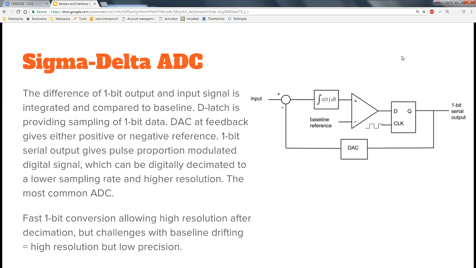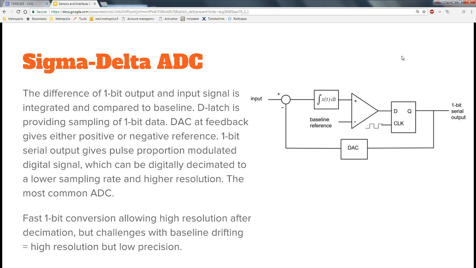Was the current signal higher or lower than the previous signal? Okay, that's the fundamental conversion. 1-bit serial conversion. Was it higher or lower than the previous? Good. Okay, with high enough sampling rate, this is enough. It starts following the input signal very closely.